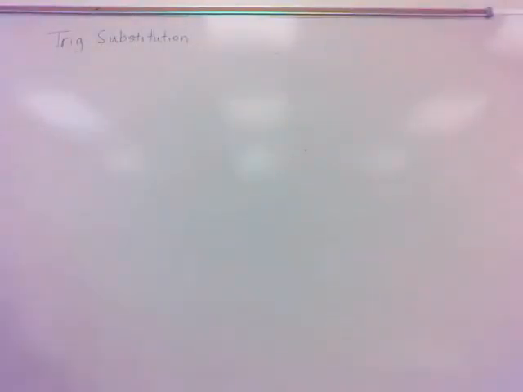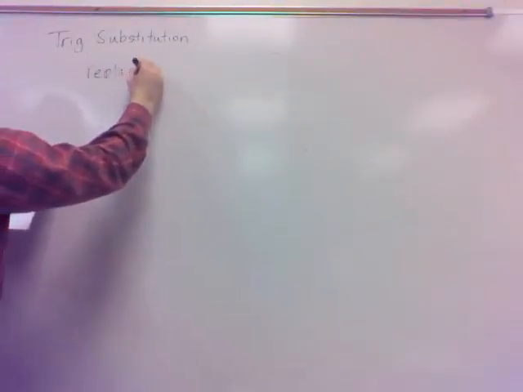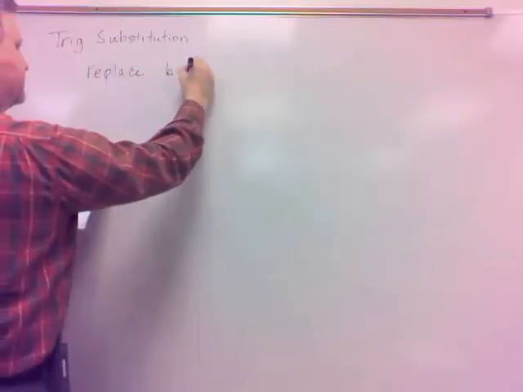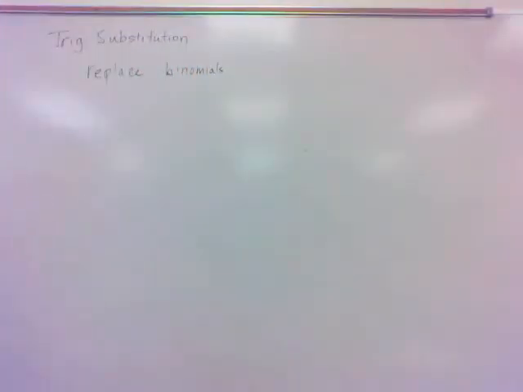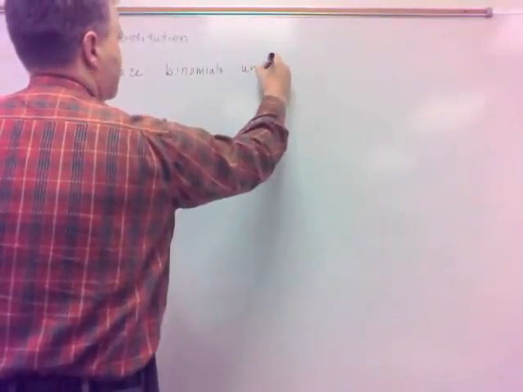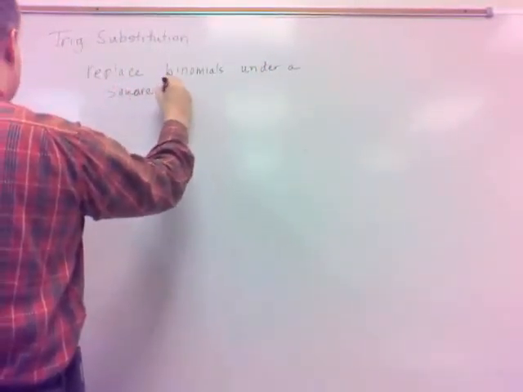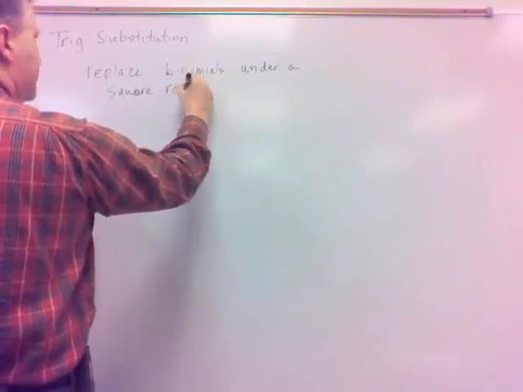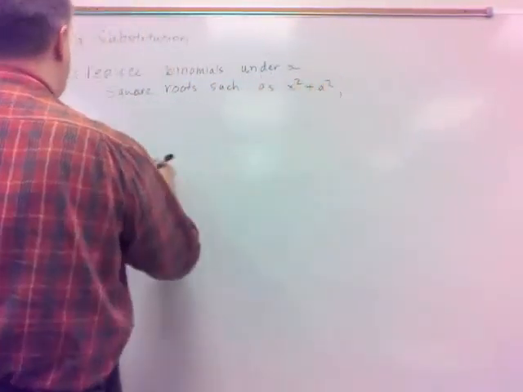And on trig substitution, we're going to replace binomials, and a lot of times they'll be under a square root, such as x squared plus a squared, a squared minus x squared.